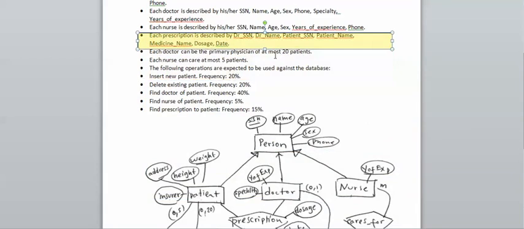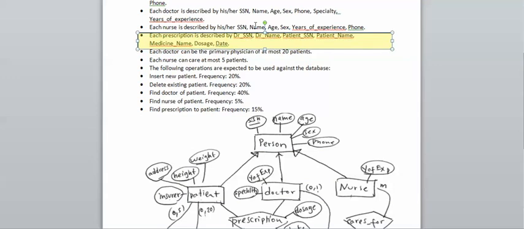Now I will tell you about a very common mistake. A common mistake is to say that prescription is also an entity set because prescription is described by these attributes. But no, prescription is not an entity set, because to be defined it uses attributes from other entity sets.